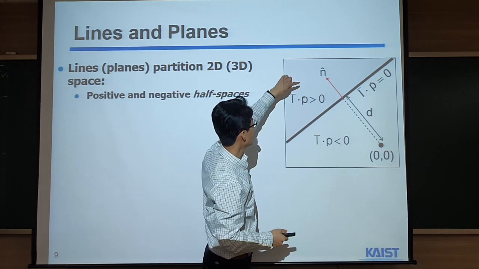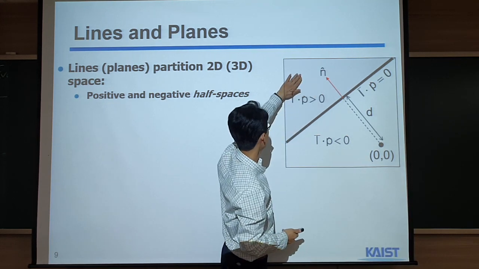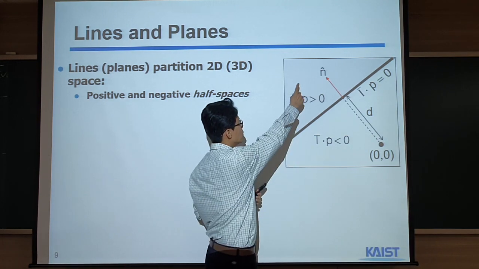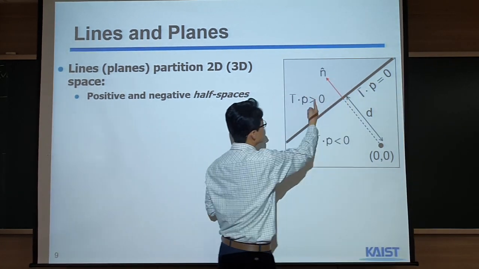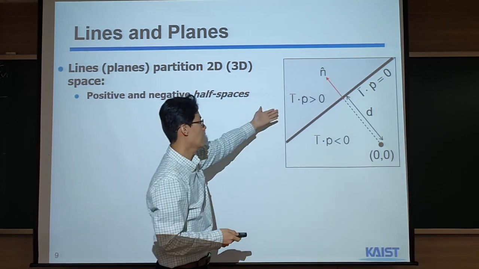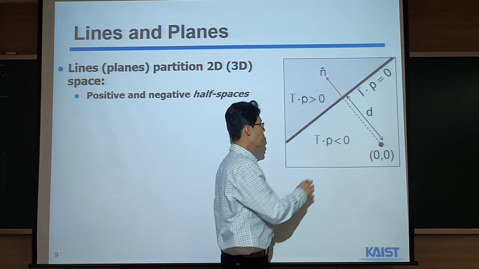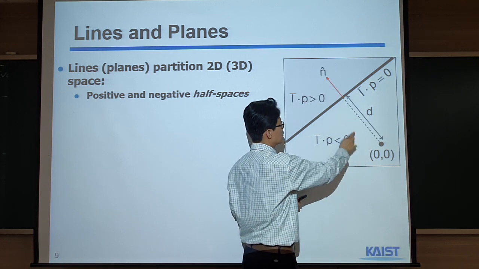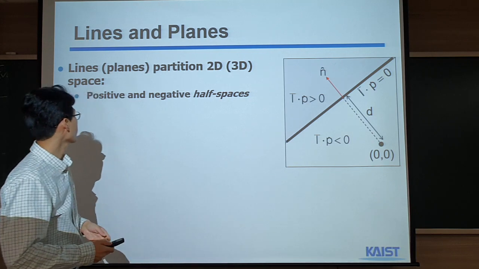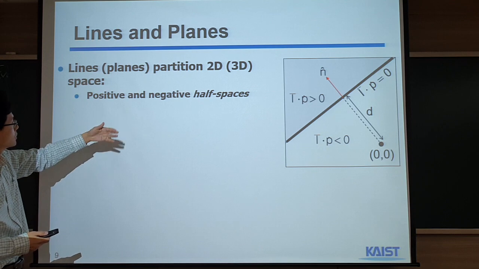If you put a point located here into that equation, it gives you a value bigger than 0. That's the property. Also, if you put a point located in this region into this line equation, it will give some value less than 0.